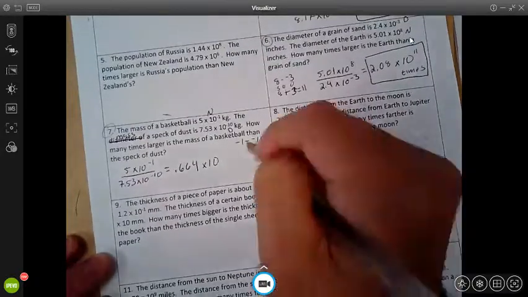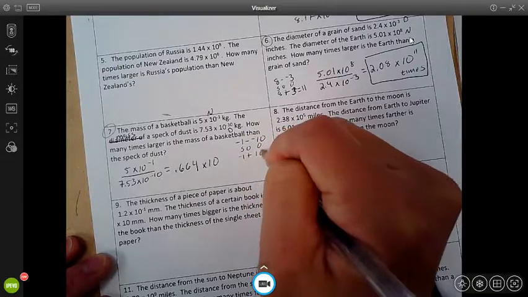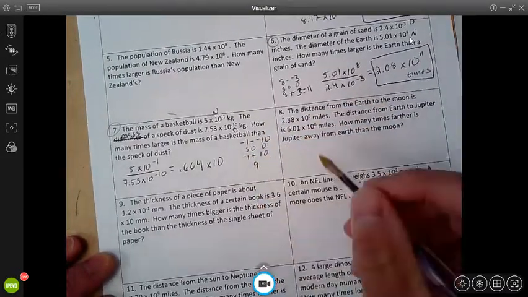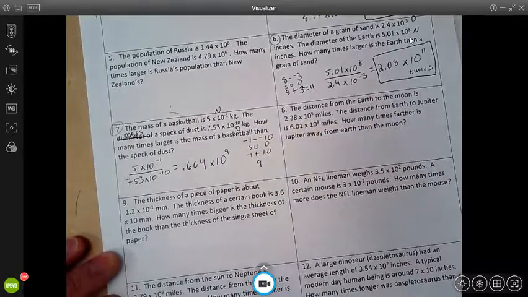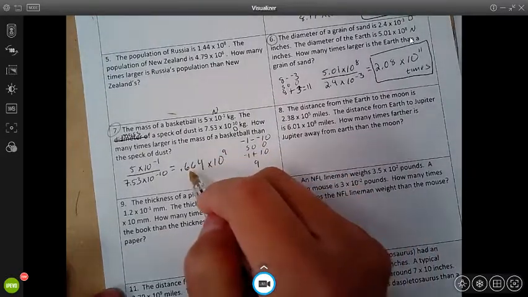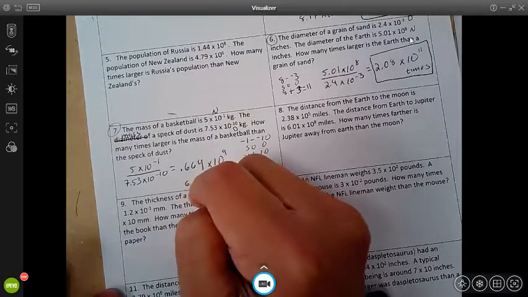So I have to do same, opposite, opposite. That's negative 1 plus positive 10. Negative 1 plus positive 10 is a positive 9. So that's going to be my exponent. And again on this one, this is not in scientific notation yet. Let's put it in scientific notation. I want the decimal between the two sixes, for a number between 1 and 10, 6.64.